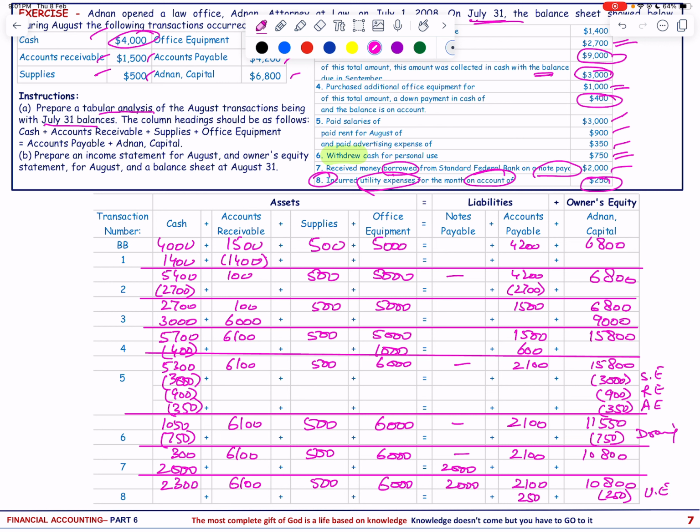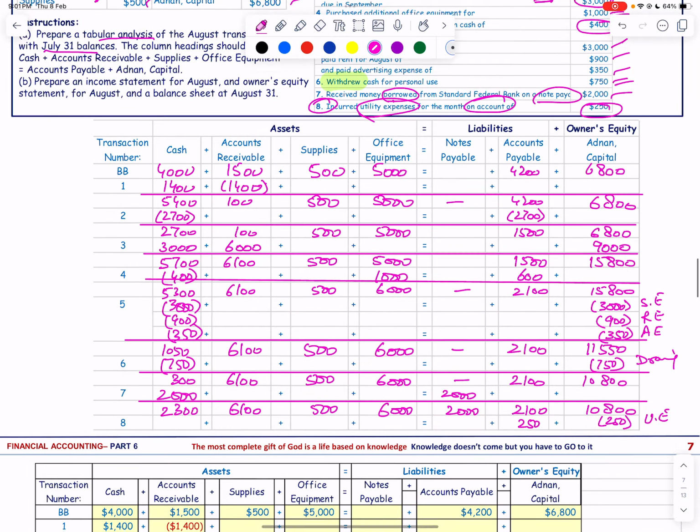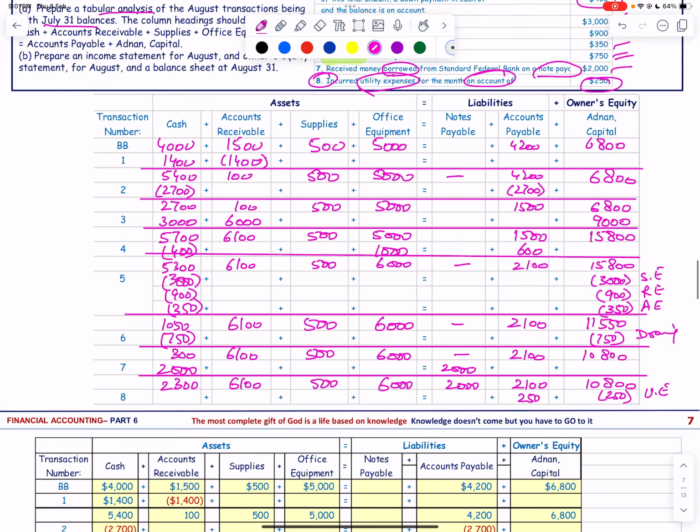Utilities expense. So that's how the balances are going to look like. And if we make the total: 2,300, 6,500, 6,000, 2,000, 2,350, and this will be 10,550.